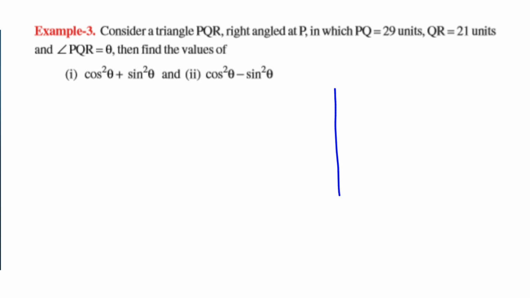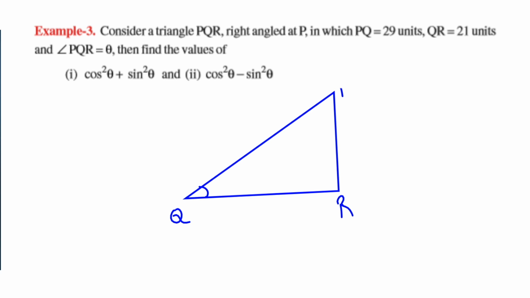First you draw the figure of right angle triangle PQR. Here PQ equals 29, which is the hypotenuse, and QR is the adjacent side, that equals 21 units.